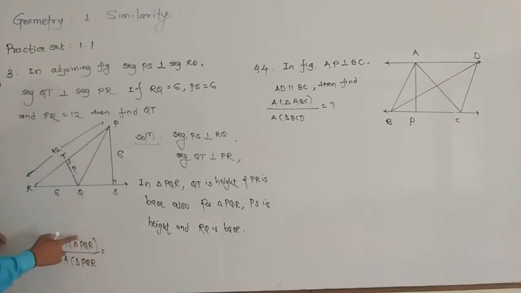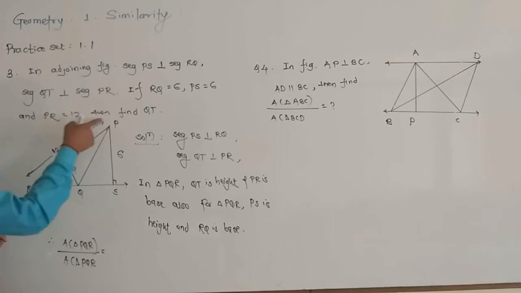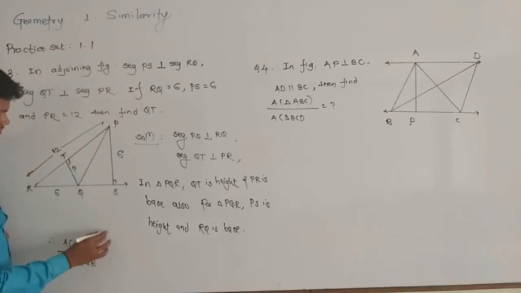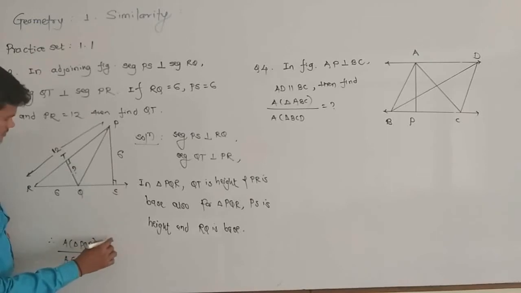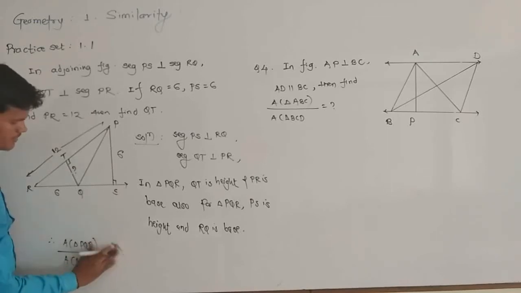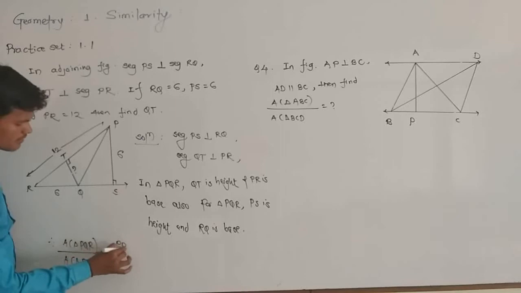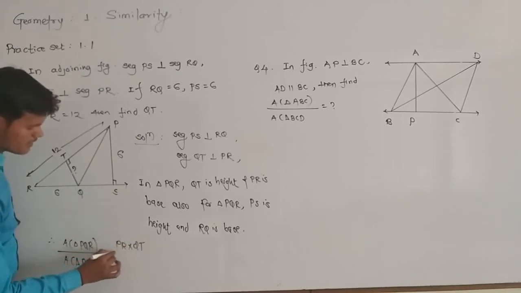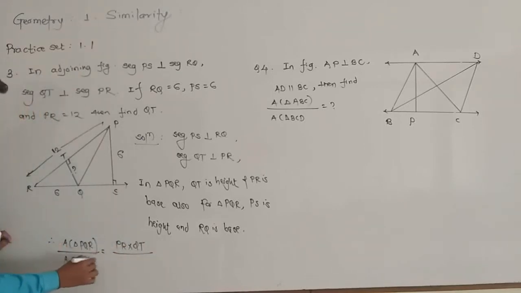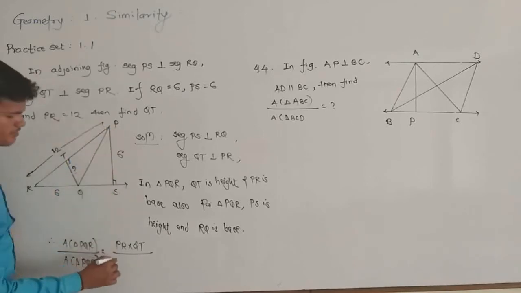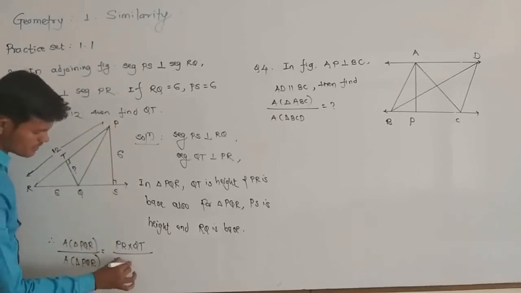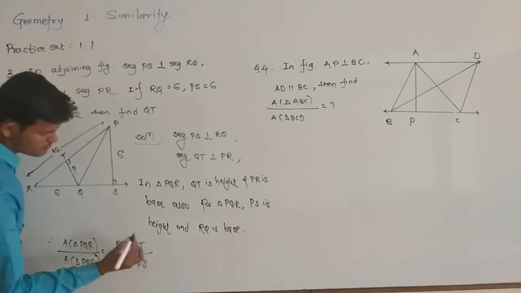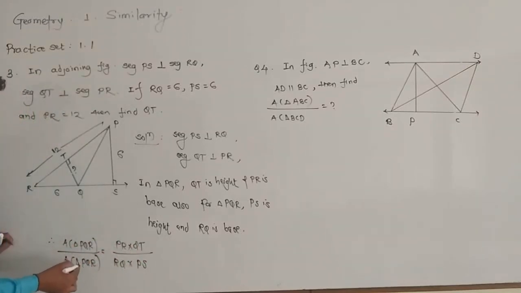So for triangle PQR, QT is the height and PR is the base. So we take base into height, that is PR multiplied by QT, divided by, for the same triangle PQR, PS is perpendicular and RQ is the base. So QR into PS. So here PQR gets cancelled.